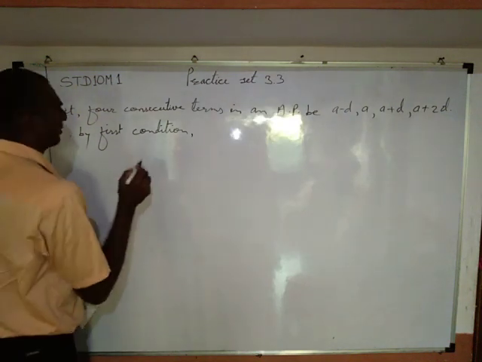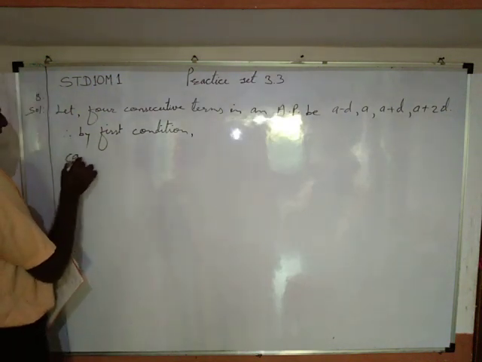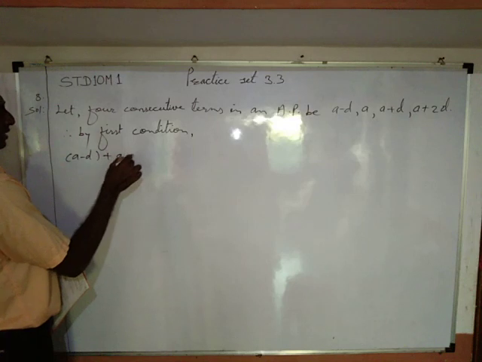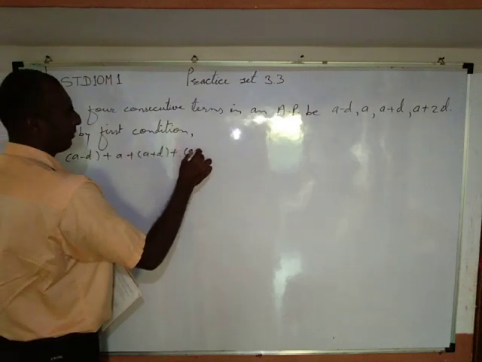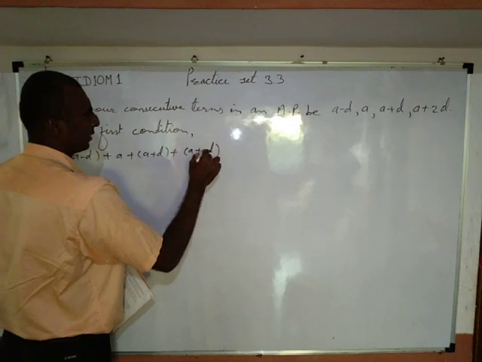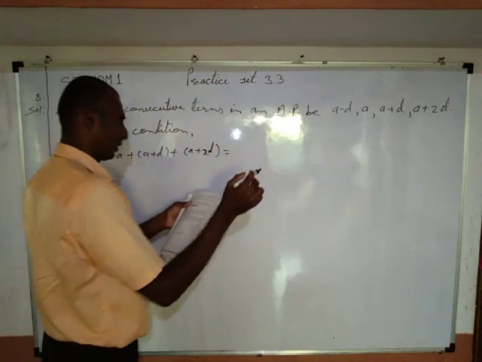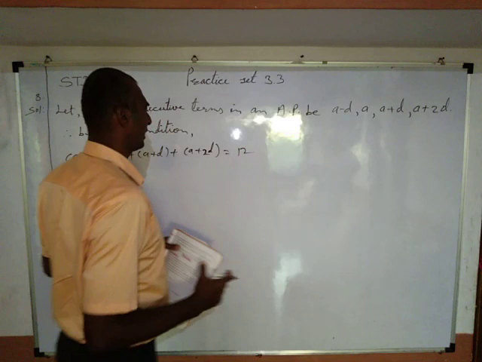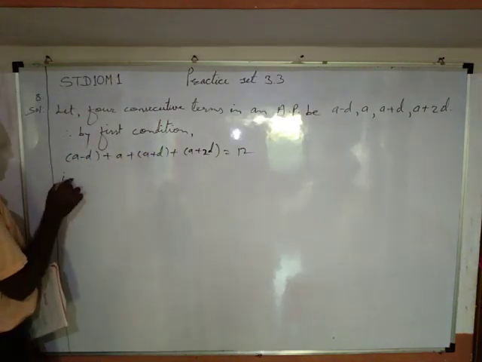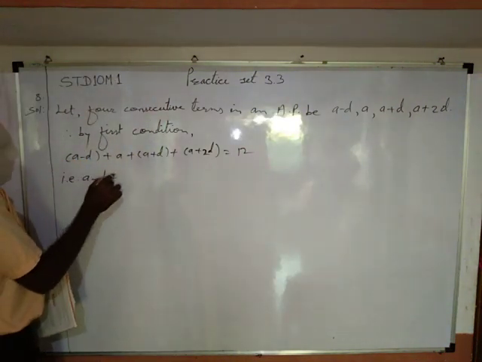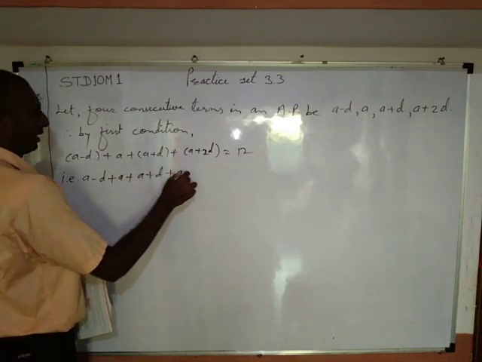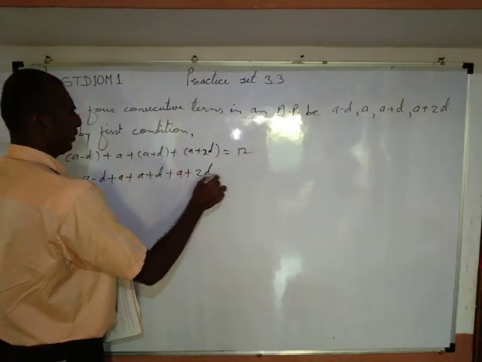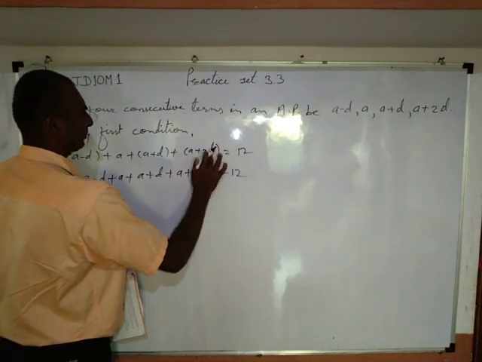Okay, by first condition, A minus D plus A plus A plus D plus A plus 2D equals 12.